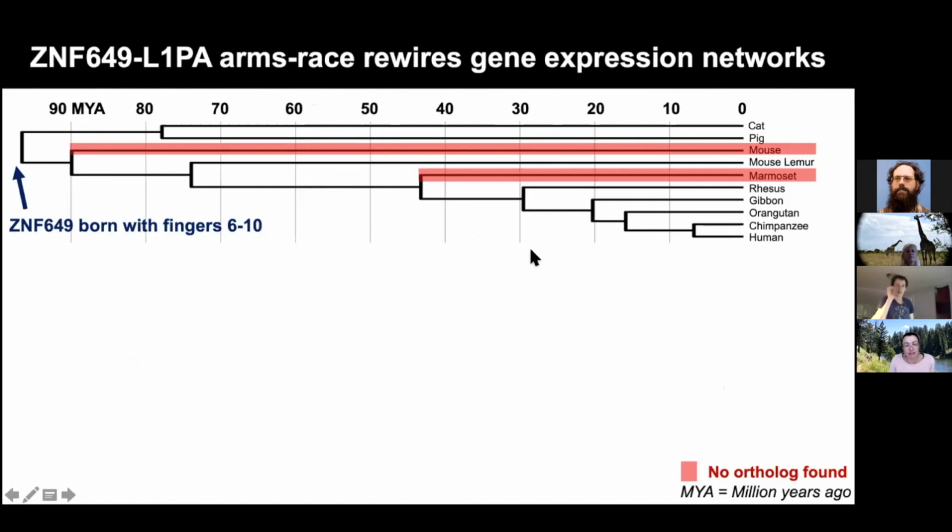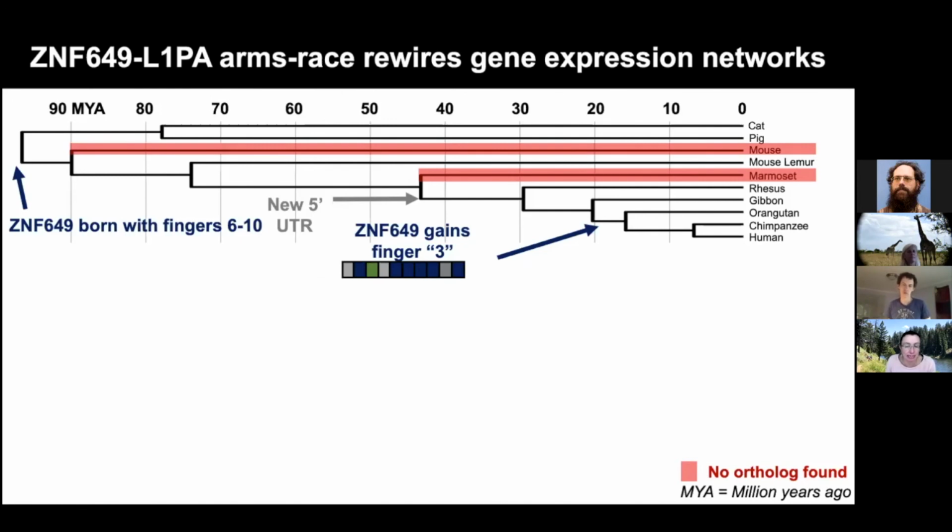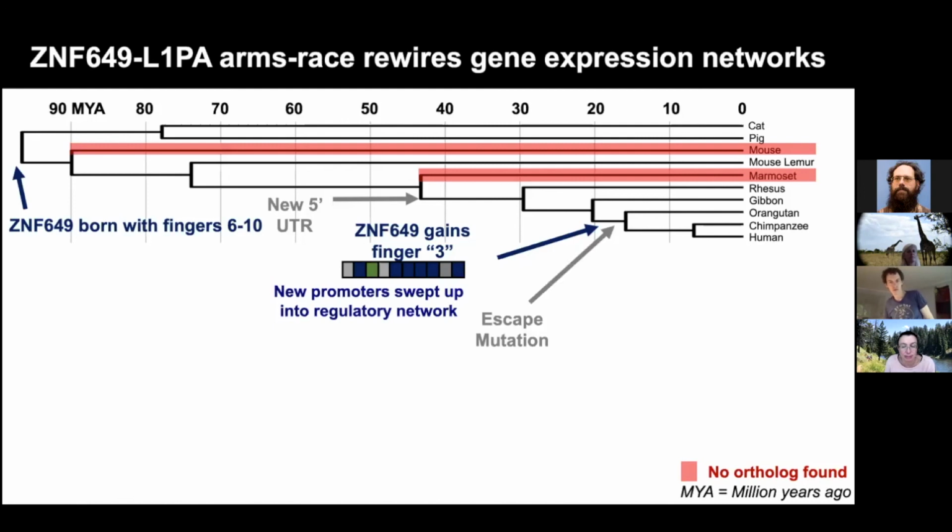rewired gene expression, both by virtue of the evolution of LINE-1 elements and the gain of this additional finger, which have swept up new promoters into this ZNF649 gene regulatory network.